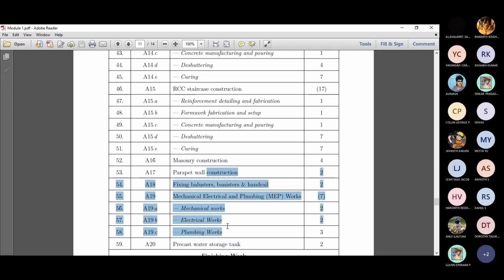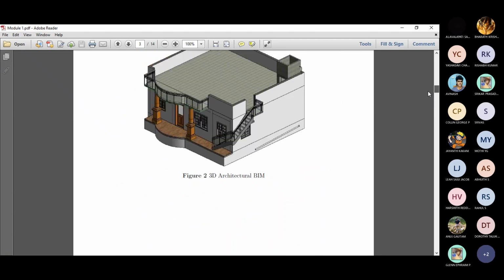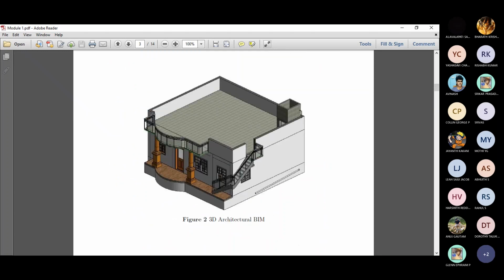Within a week, you can perform not only plumbing works and electrical works, but also fixing the balusters, banisters, and handrail, and construction of the parapet wall, right? That's a big masonry work only. Parapet wall is the topmost region. For safety, we keep this boundary wall at the top, which is like 1/4 of the original wall, or sometimes 1 meter, or sometimes 900 mm.